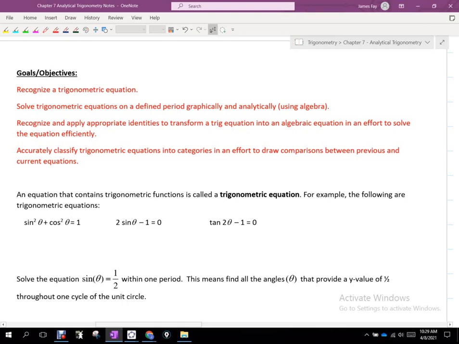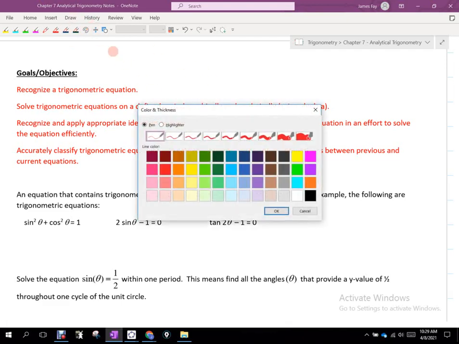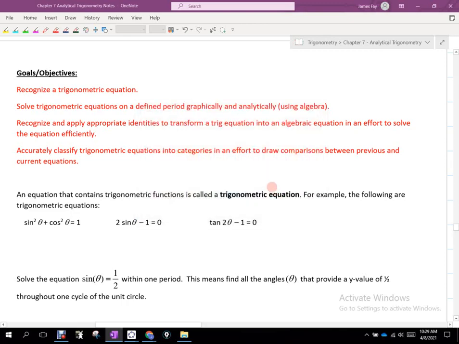A trigonometric equation is just an equation in which there is a trigonometric function involved. Okay. Now, it does not mean that every equation that has a trig word in it is going to be considered a trigonometric equation.